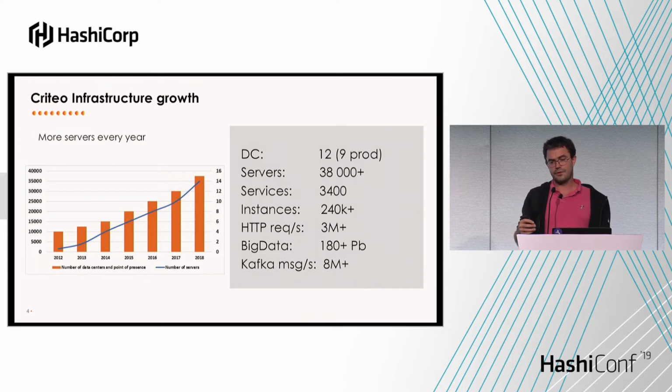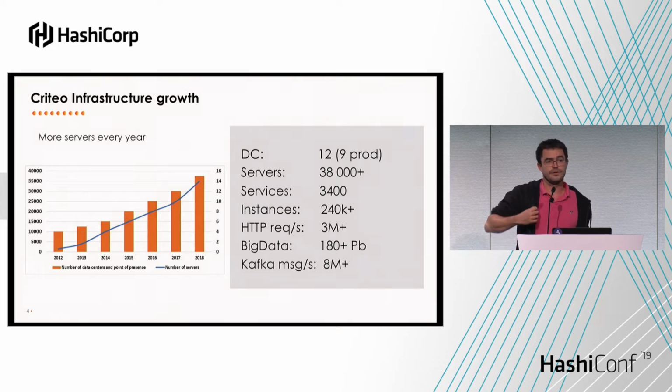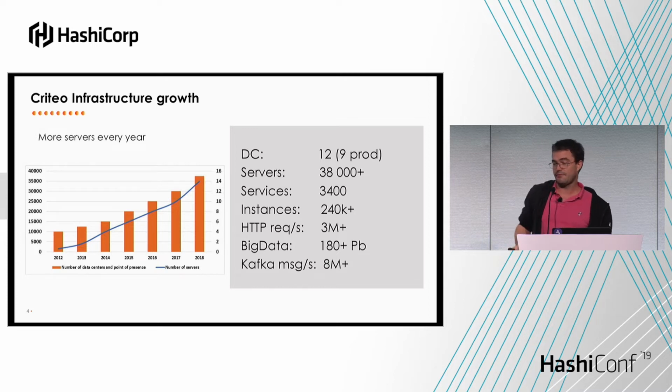We've got, I think, almost 4,000 different services. And we are dealing with more than 3 million HTTP requests per second daily. We can go further, for instance, during Black Friday, but that's the usual sound.